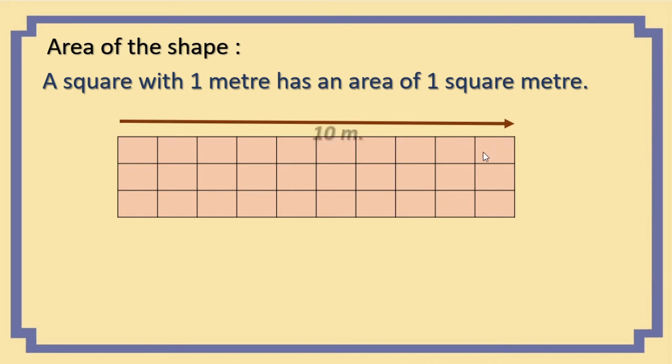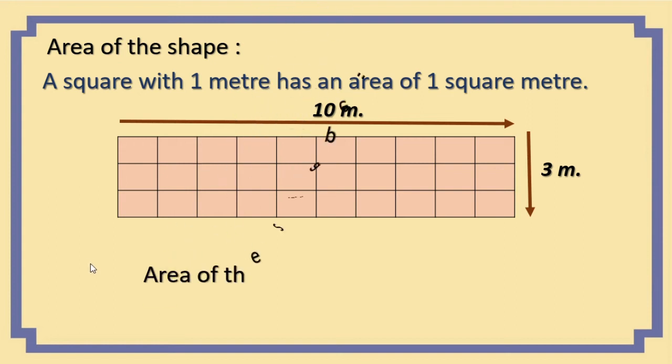Means we have 10 squares or 10 meter we will write. Now here what is the width? 1, 2, 3. Only 3 meter. So how will we count the area? Yes, area of the shape is equal to 10 multiplied by 3. Isn't it? 10 meter multiplied by 3 meter.